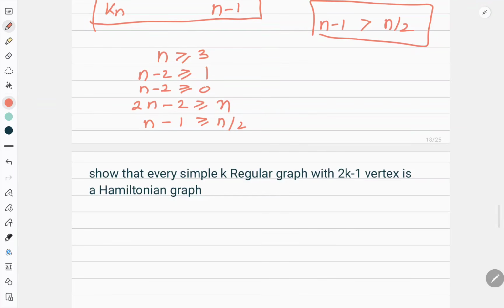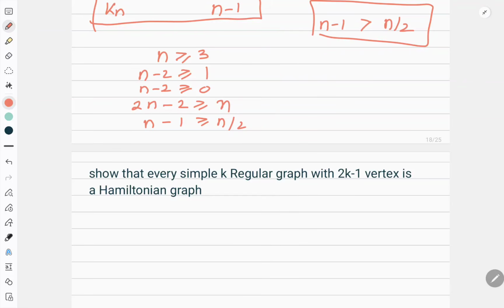Show that every simple k-regular graph with 2k minus 1 vertices is Hamiltonian. Now what exactly is the statement? Simple graph we understood. K-regular means the degree of each vertex is k. And there are 2k minus 1 vertices. So I have to show that it is a Hamiltonian graph.